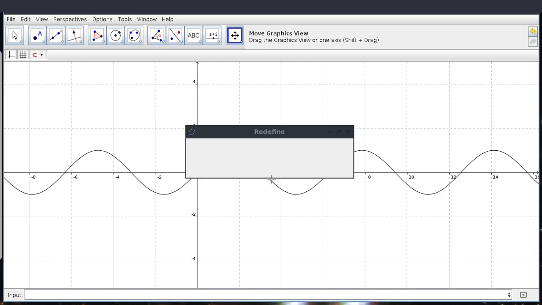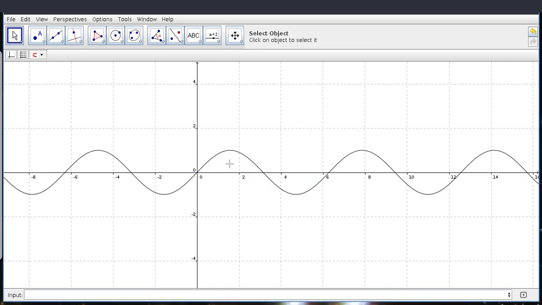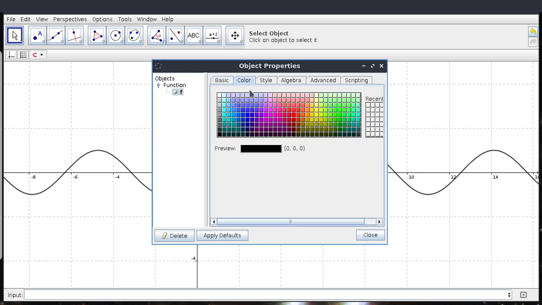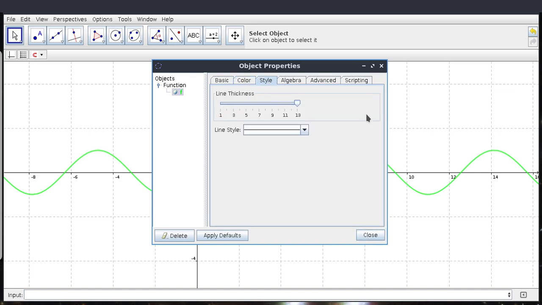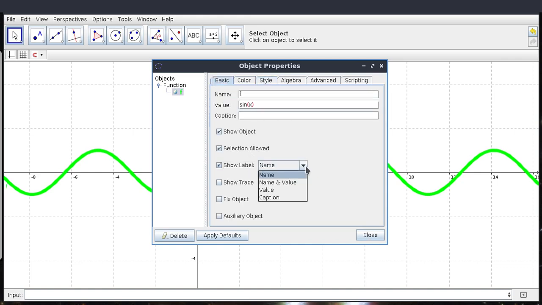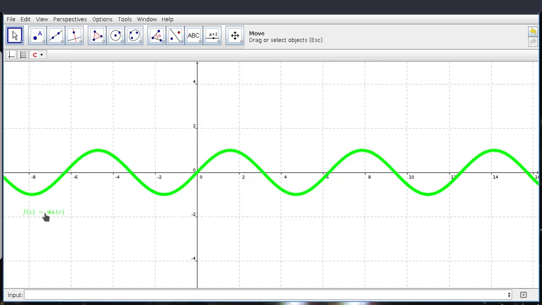We want to make a few changes to this, so let's make the original graph a green color and make it thicker, and we want to see which graph this is. So this is f of x equals sine x.